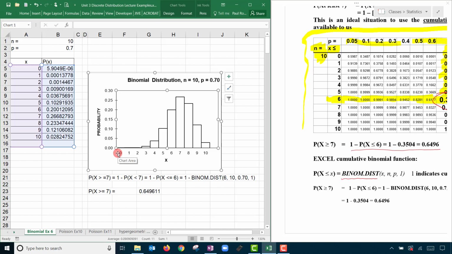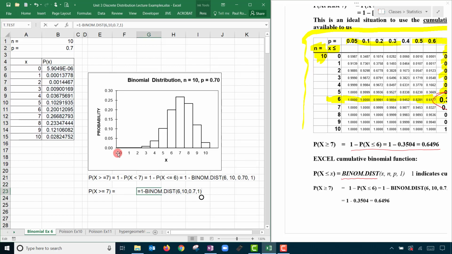The formula for that is here. It's 1 minus binomdist. 6 is we wanted 6 or less. 10 is the number of trials. 0.7 is the probability of success. And in this case, I did put a 1 on the end of the formula because I wanted it to be cumulative.